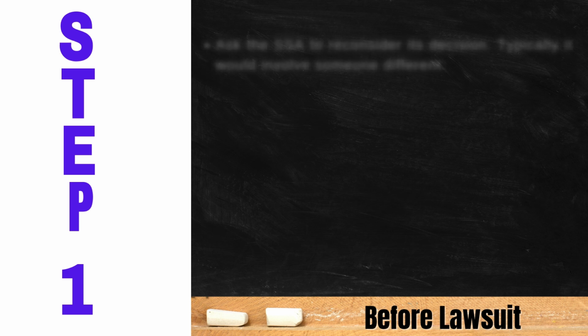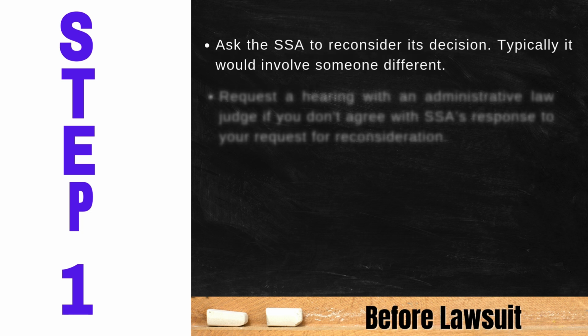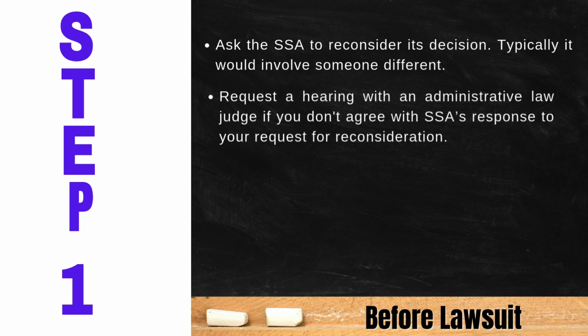But let's first look at some things you can do before you file a civil action against the Social Security Administration. One, ask the Social Security Administration to reconsider its decision. Now, typically, this would involve someone different than who presided over the matter previously. Two, request a hearing with an administrative law judge if you don't agree with the Social Security Administration's response to your request for reconsideration.